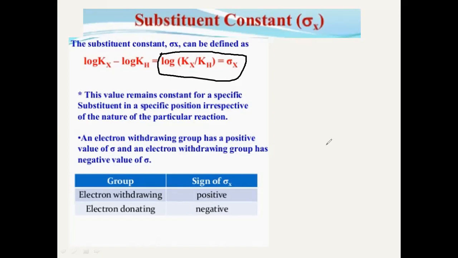What is capital K? It is the equilibrium constant. If kx value is higher, then sigma x will be higher, and vice versa. Fine. So all of you must remember this equation, this relationship.